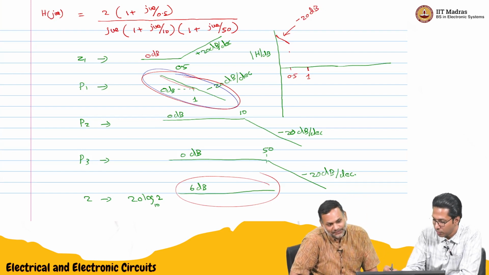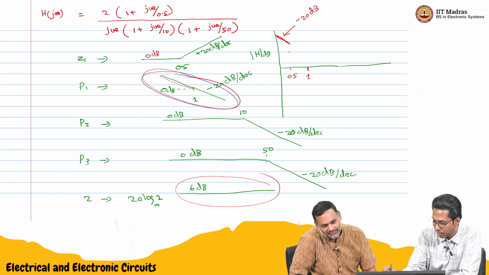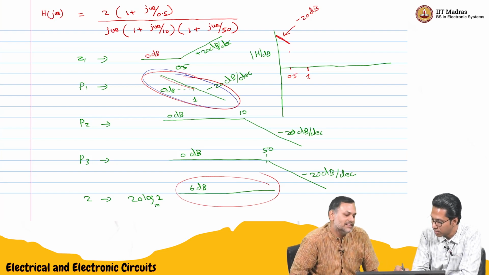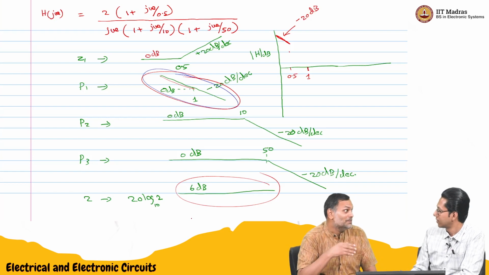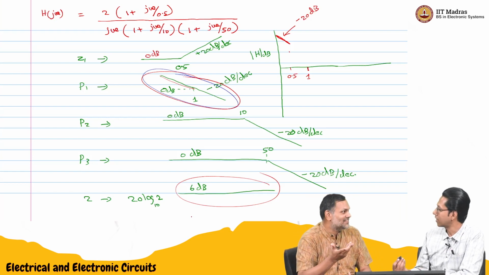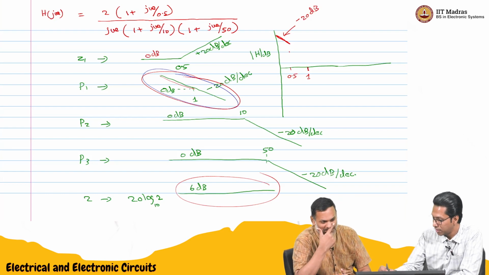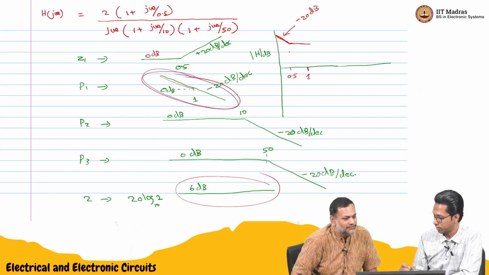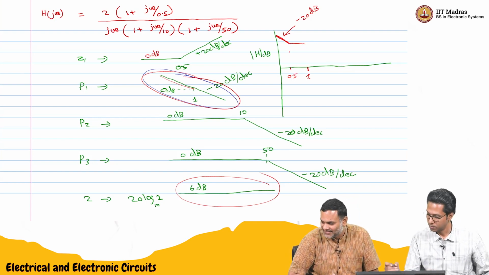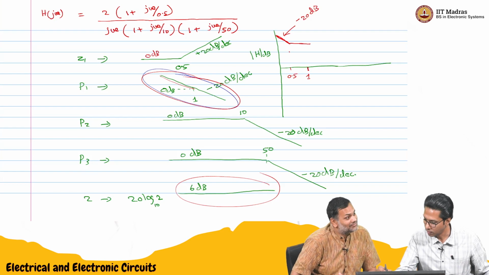So this was going at minus 20 dB, but at 0.5 there is a 0 which is going at plus 20 dB. So now these two will cancel each other out. So from here it has to be flat till 1. Well, even beyond 1, right?